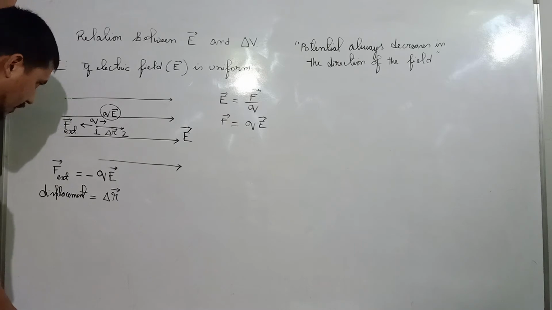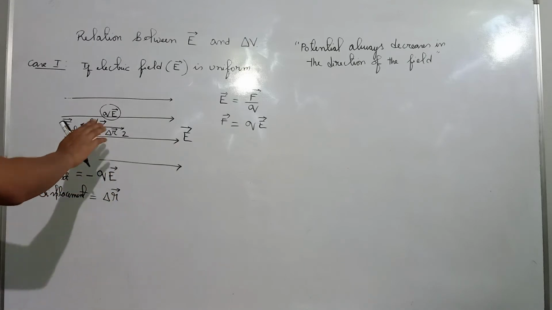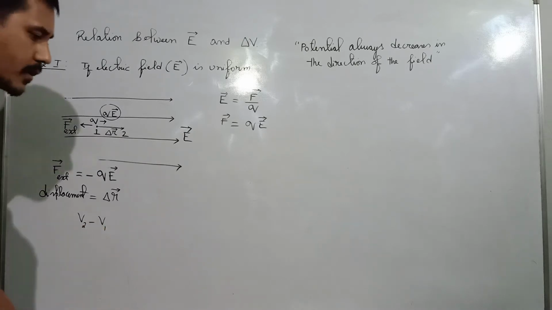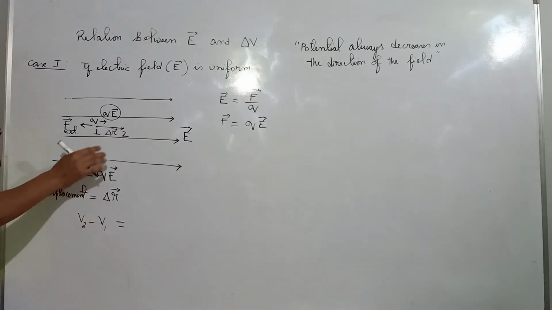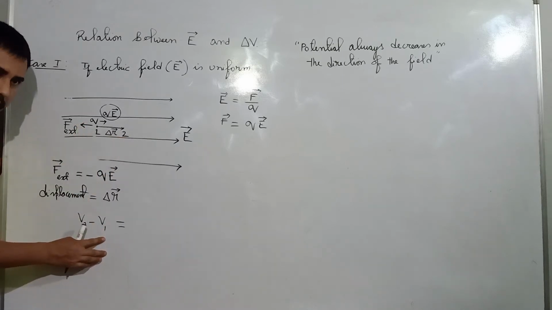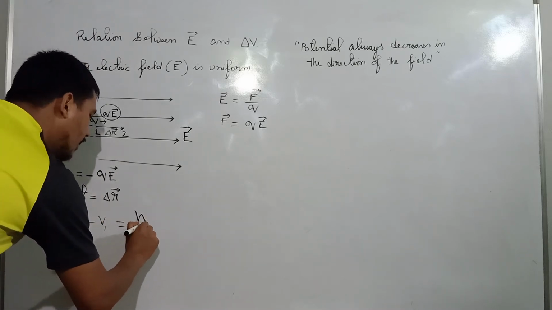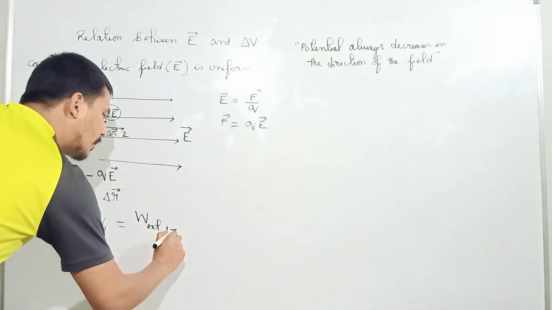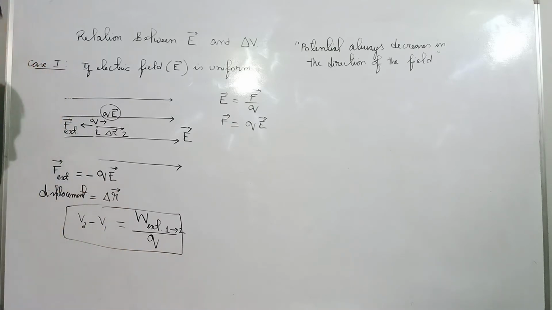Therefore, the potential difference between those 2 points, V2 minus V1, meaning final potential minus initial potential, is given by the work done by the external agent in bringing the charge Q from position 1 to position 2 per unit charge. This is what I'm going to use.